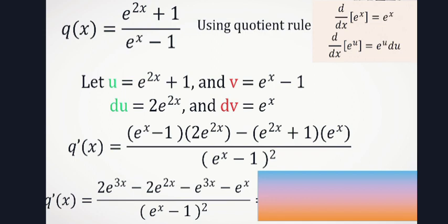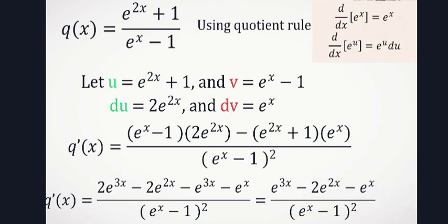Then combine like terms, kung pwede magsama, isasama natin. Meron ba tayong pwede isama? Meron. Si 2e raised to 3x at saka si negative e raised to 3x. That is, e raised to 3x minus 2e raised to 2x minus e raised to x, and copy the denominator. And this is the final answer for your function.